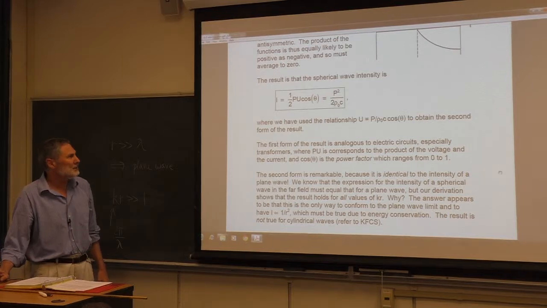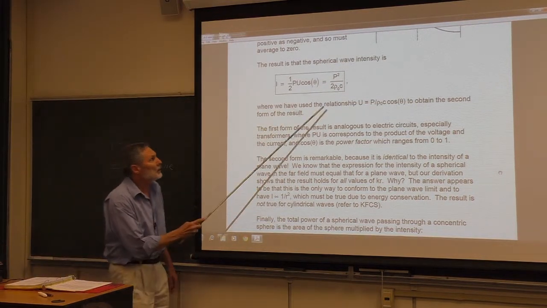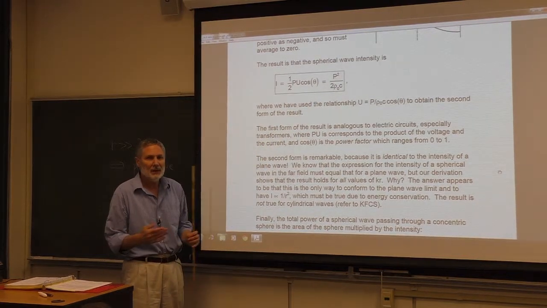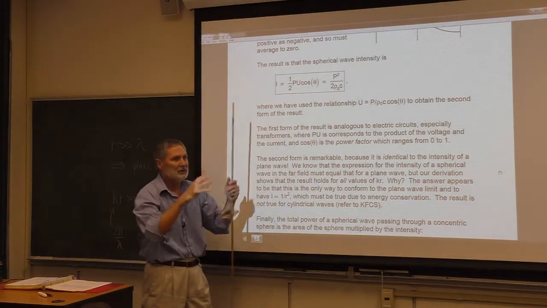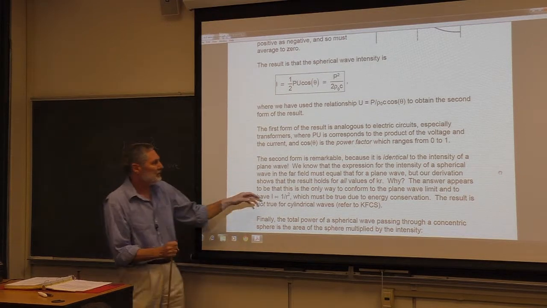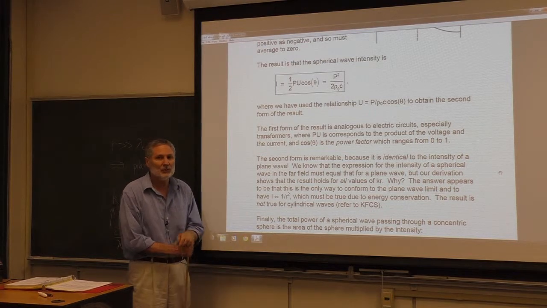Okay, and why does it happen? Well, the only thing I can think of is we know that far from the source you have to get this, because far from the source you have a plane wave. The fact that it maintains this, we have the same formula here as you get closer and closer. I think what's happening here is we have to conserve energy. And we have a pressure that's going like 1 over R, exactly.